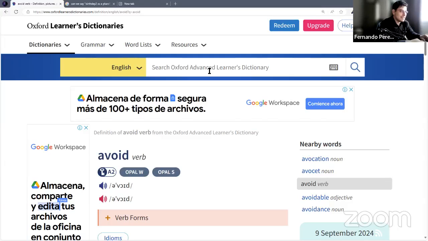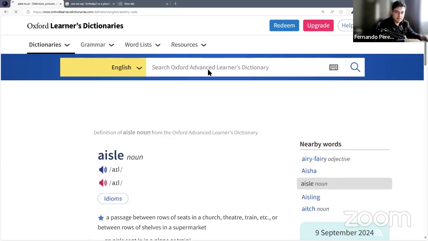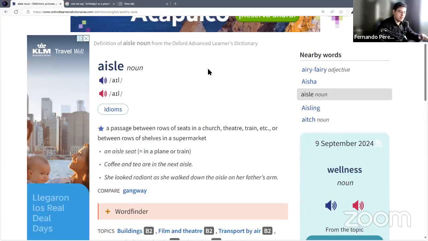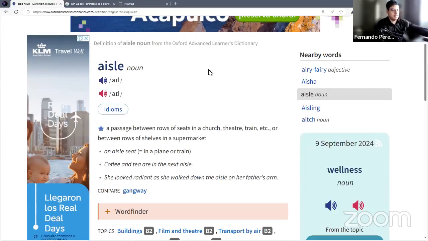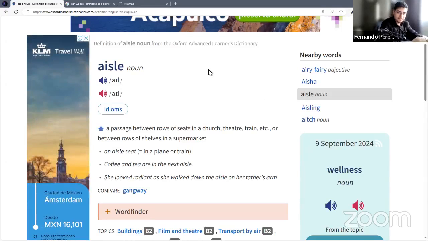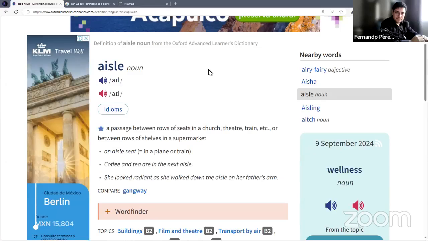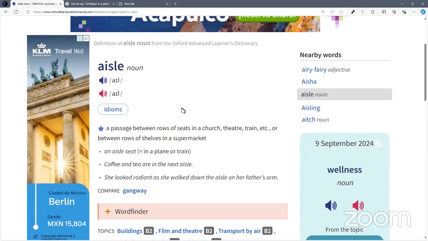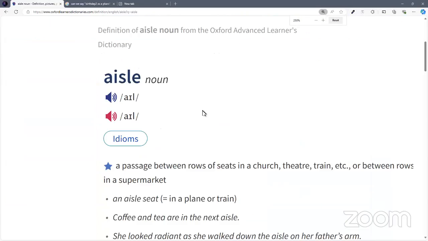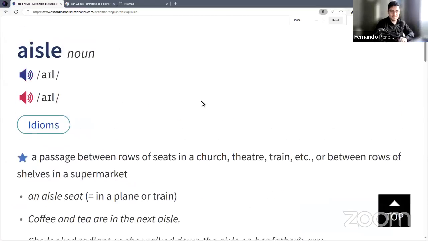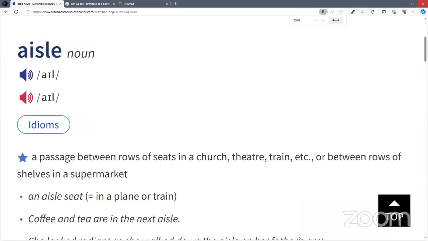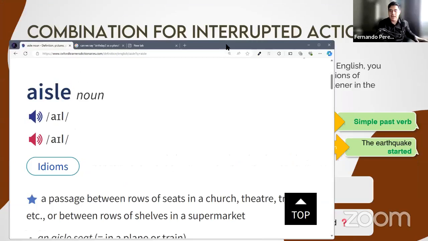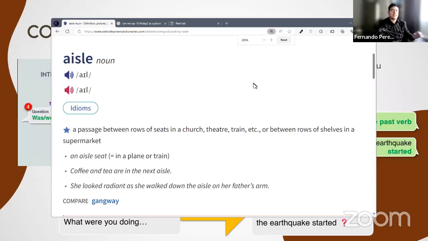In that case, it's a central aisle. That's the name. I went to a central aisle. Exactly. I would say one central aisle or a specific central aisle.